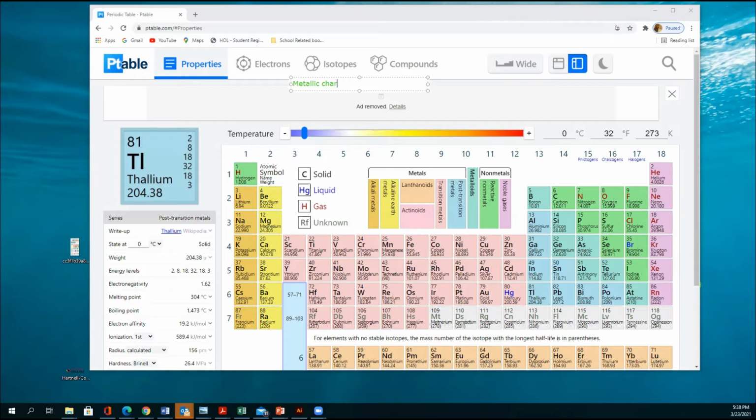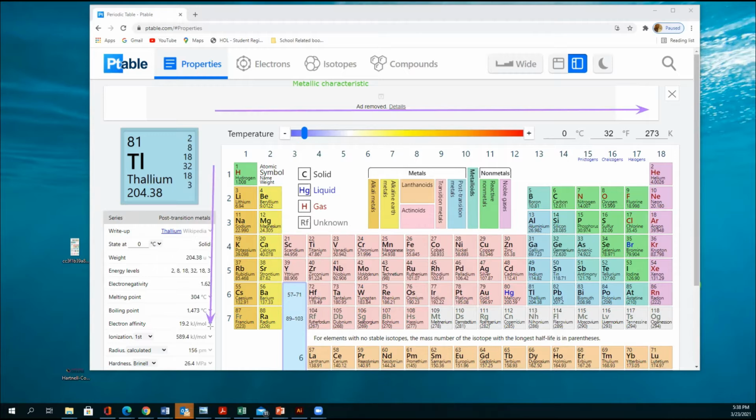Does it increase from left to right? And then top to bottom? Okay, so you said from left to right? Yeah. Okay, and you said from top to bottom? Yeah. Okay, so help me.